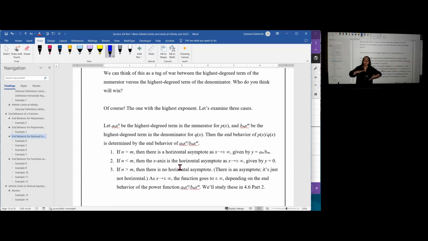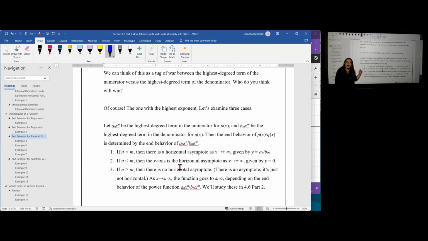This is the case where the end behavior on the left and the right for a horizontal asymptote is the same. It will approach the same horizontal line, and it will be given by the ratio of the leading coefficients, a sub n divided by b sub m.